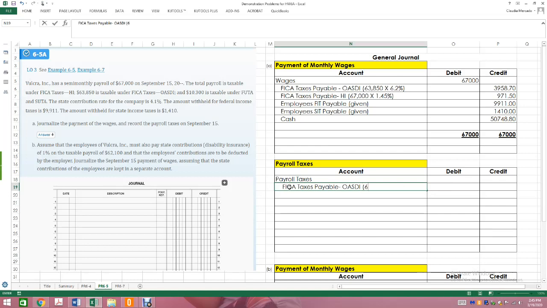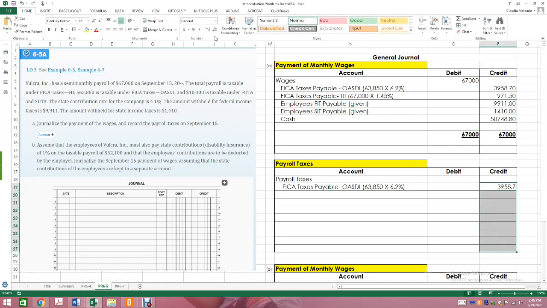And that's your $63,850 at 6.2%. Okay. And we already ran the calculation up here, so I'm just going to bring it down. $3,958.70. Let me put an extra zero here. Okay.